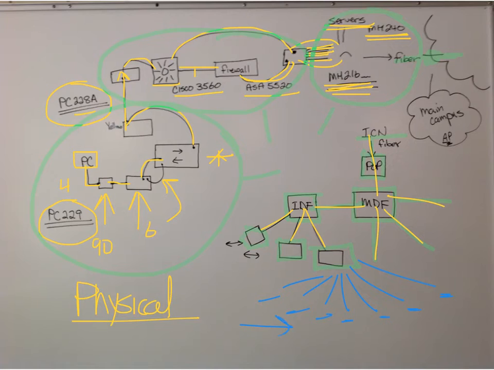So these would be horizontal runs, these would be vertical runs. And then we did some work. We connected to an access point connected to the main campus, which goes up to the ICN.